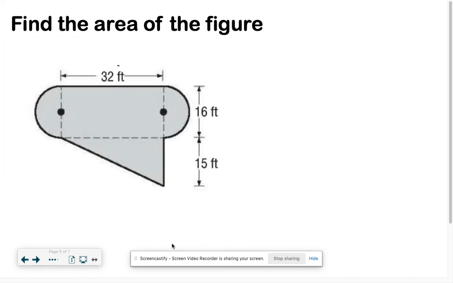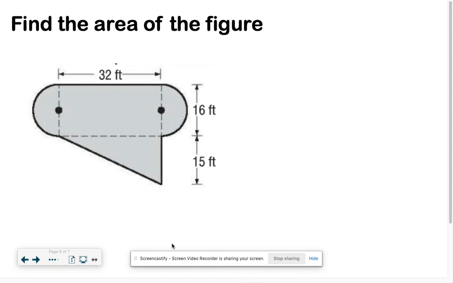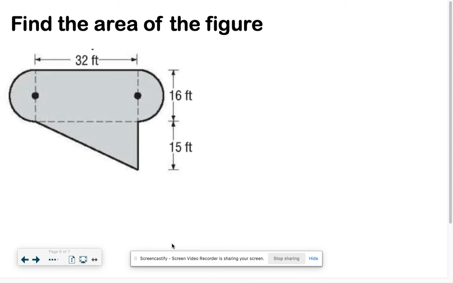Our last one here, folks, is find the area of the figure. Kind of a lot going on here. You guys see how we have a trapezoid and then a circle if we push it together? Let's do this. Do you see how we have a trapezoid here? Here's a base, there's our height.